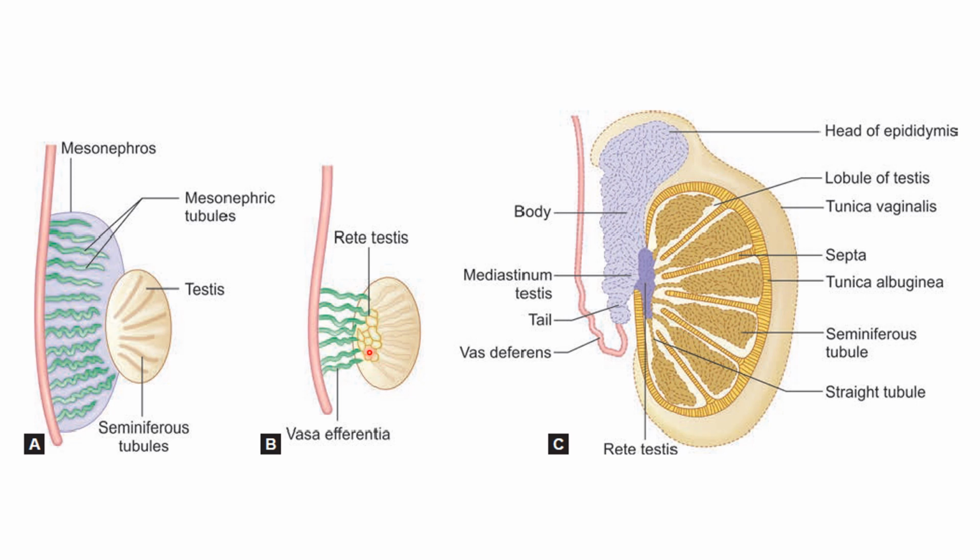The rete testis will establish contact with the remaining part of the mesonephric duct through some of the mesonephric tubules. You can see the connection made from the rete testis to the mesonephric duct over this area. And these mesonephric tubules which are present between them will be forming the vasa efferentia.